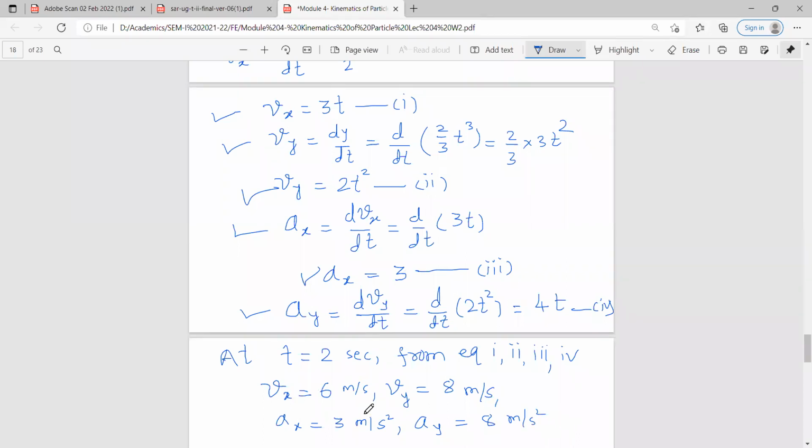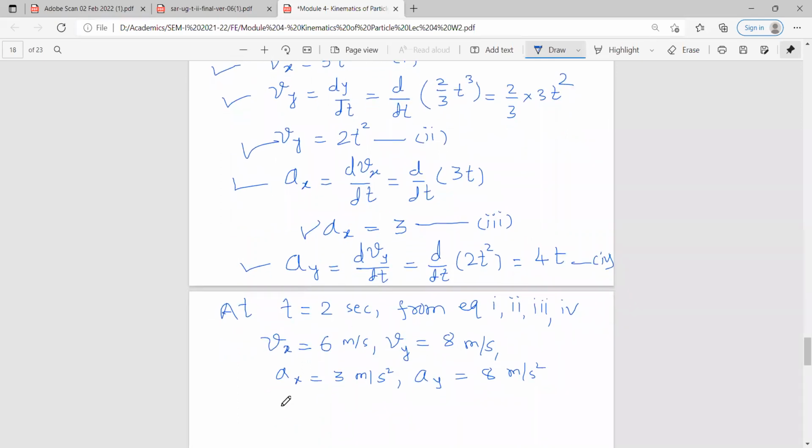So these 4 parameters we have calculated. Next is total velocity, the resultant velocity. You know that the resultant velocity squared is Vx square plus Vy square. So at time equal to 2, what is velocity in x direction?